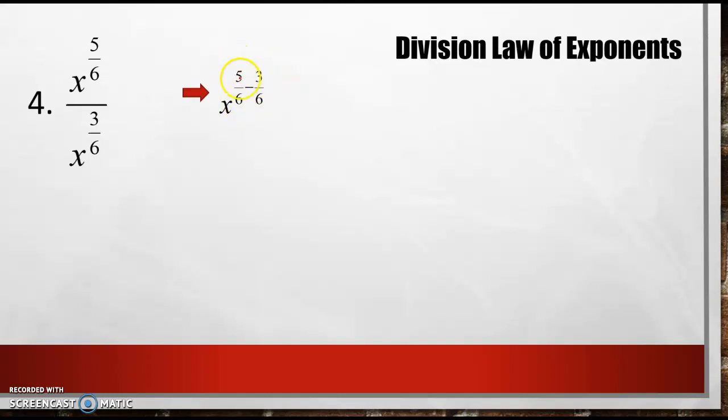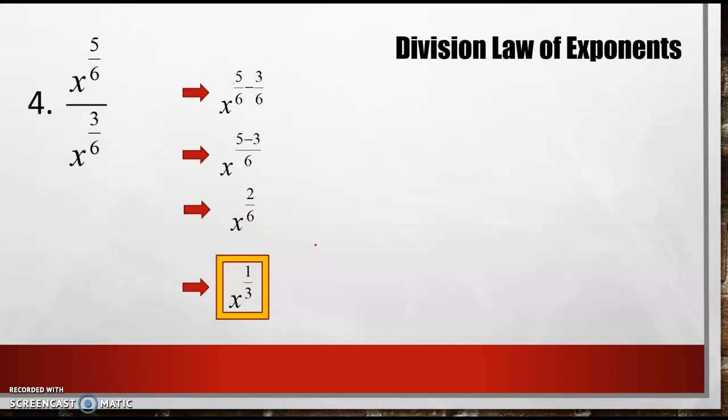I already said earlier that when you subtract or add similar fractions, you only copy the denominator and you subtract the numerators. So 5 minus 3 over 6, then 2 over 6, x to the power of 2 over 6. And then when you simplify it, you can still simplify by 2, so you can have x to the power of 1/3. Therefore, the simplified form is x to the power of 1/3.